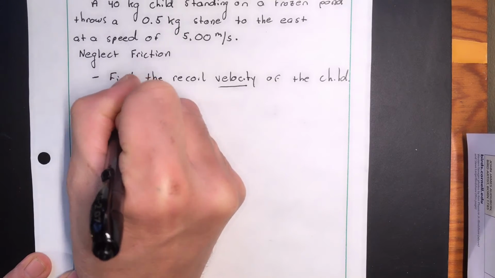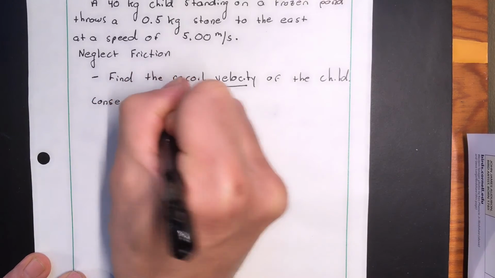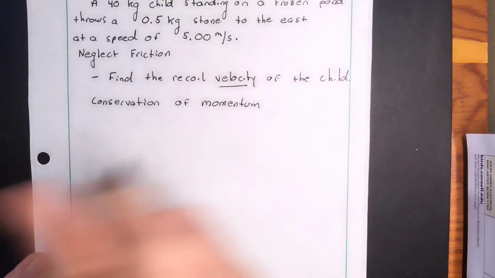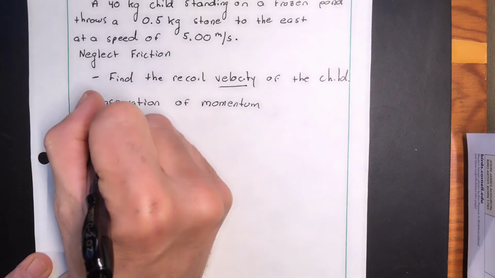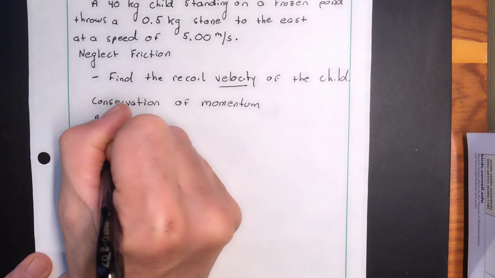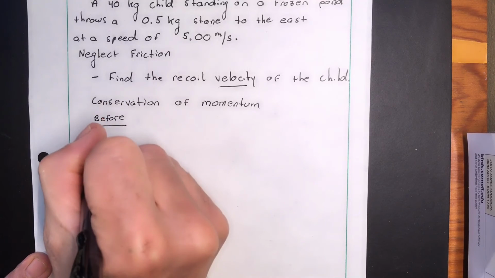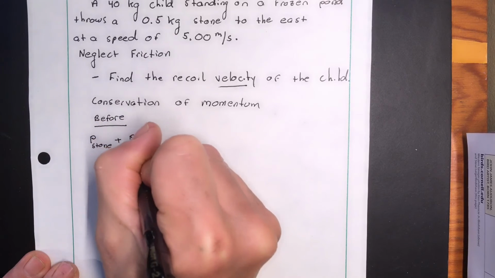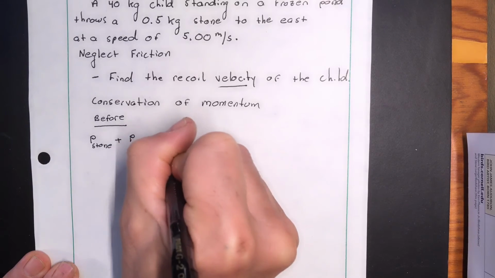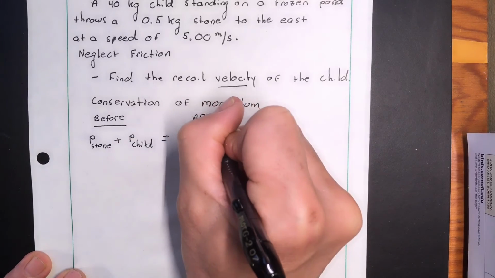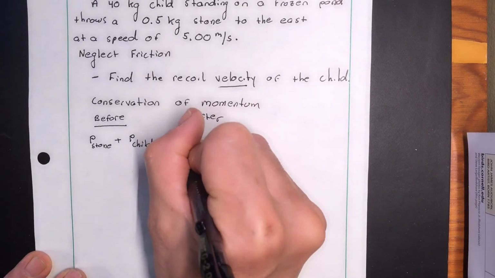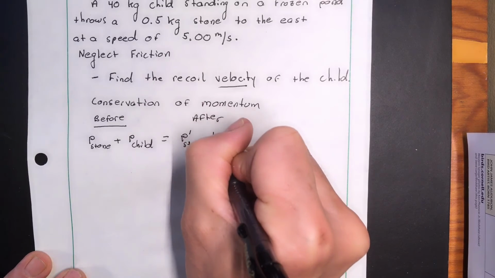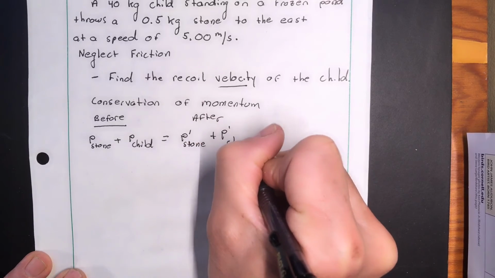So conservation of momentum. So the momentum before is the momentum of the stone plus the momentum of the child. And then after, we have the momentum, we'll give that a prime to signify after, of the stone, and a prime for the momentum of the child.